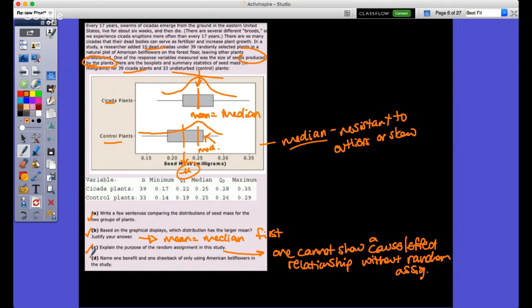However, this is the negative. The drawback is that the cause and effect relationship can only extend to that specific flower. So if we did roses, we couldn't be certain that the cicadas would positively impact those like it did the American bellflowers. So just make sure you discuss one of those issues. What I just said was just an example of what it could be.